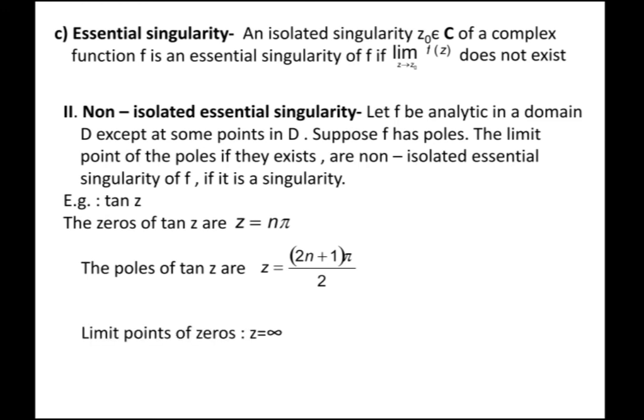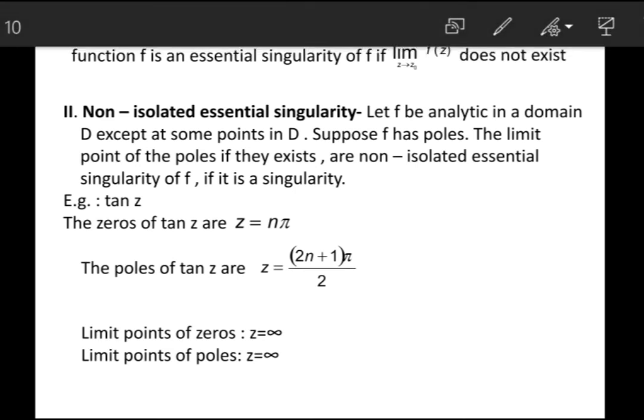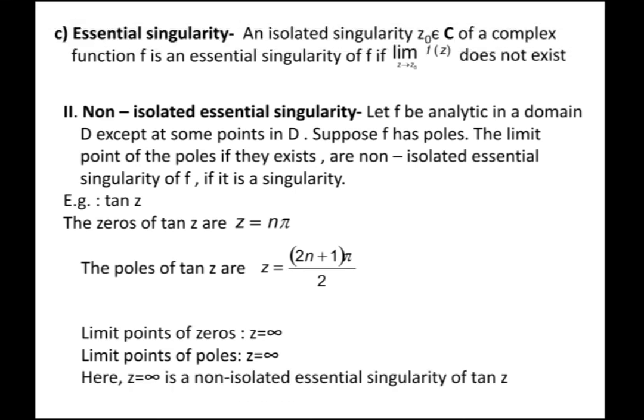So the limit point of the zeros is actually z equal to infinity. Similarly, the limit point of the poles is also z equal to infinity. So by the definition of the non-isolated essential singularity, here we can say that z equal to infinity is a non-isolated essential singularity of the function f of z equal to tan z. So these are the different types of singularities.